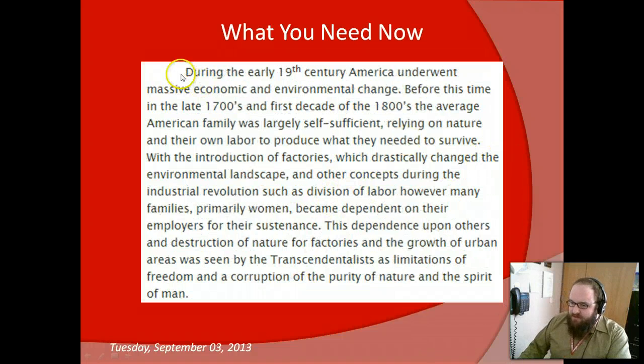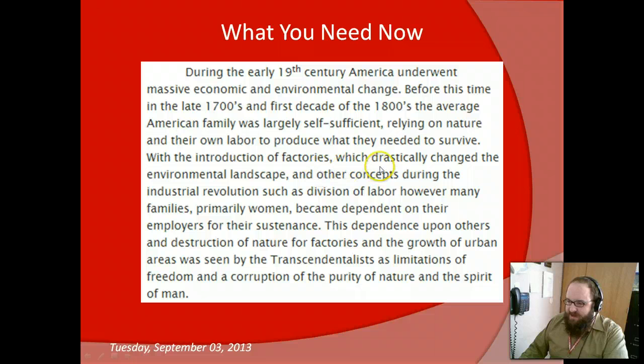Here's another one. During the early 19th century, America underwent massive economic and environmental change. Before this time, in the late 1700s and first decade of the 1800s, the average American family was largely self-sufficient, relying on nature and their own labor to produce what they needed to survive.